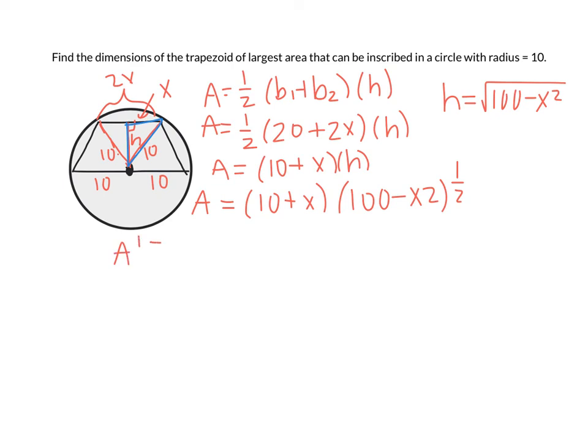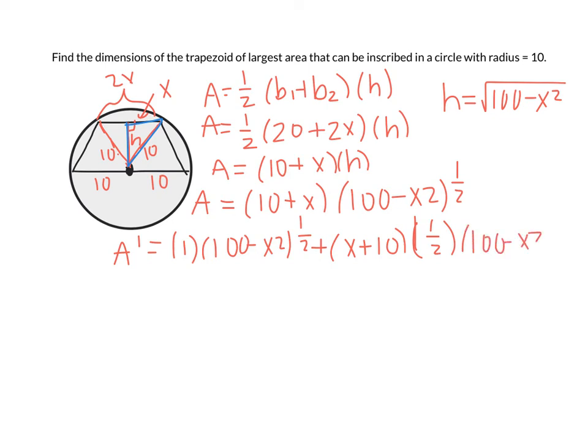So the first derivative of this expression using product rule would be the derivative of the first one times the second, (100 minus x squared) to the 1/2, plus the derivative of the second, using chain rule there.